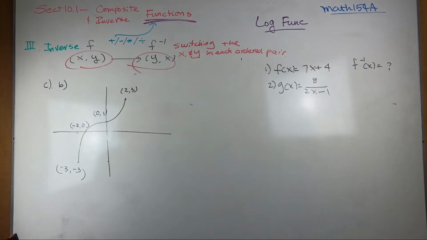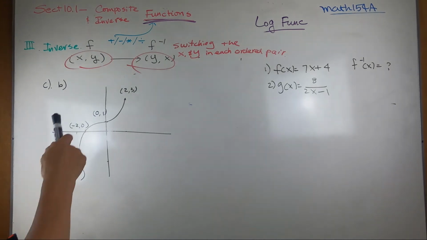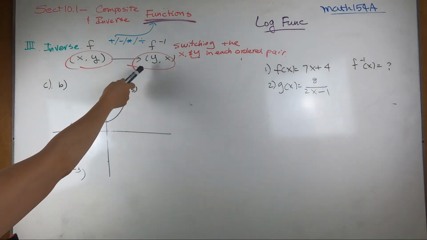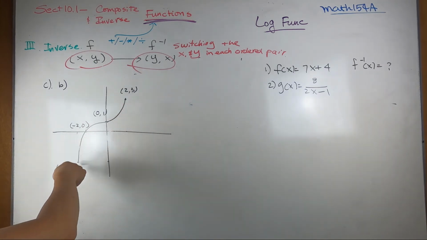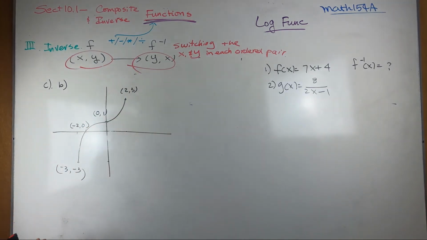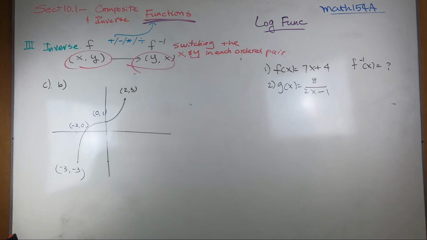Yes, it is. So it should have an inverse, right? If it's ordered pairs, you can just reverse them. And if it's a graph, how can you find the inverse? You should show it as a graph. So what do you do? You use the points, right?